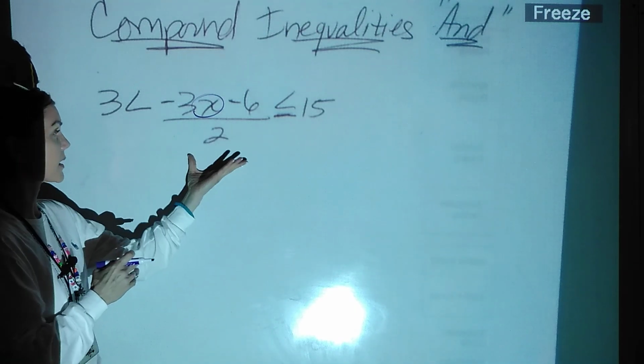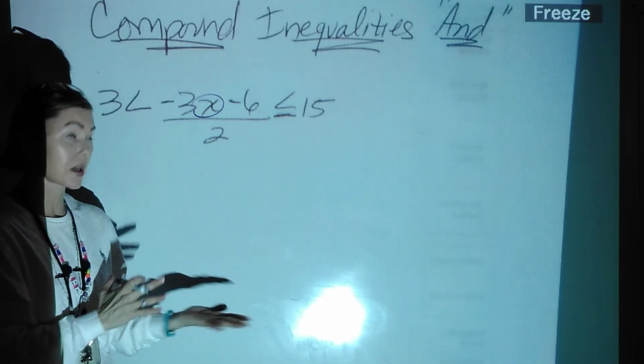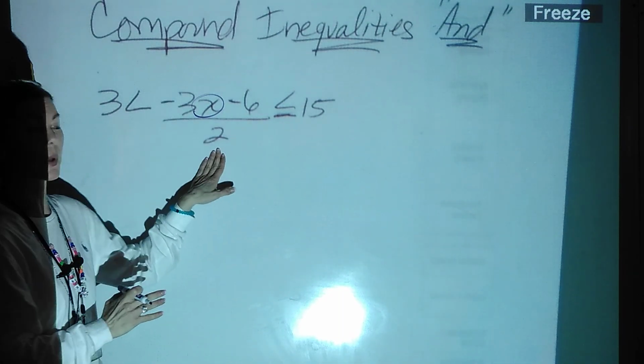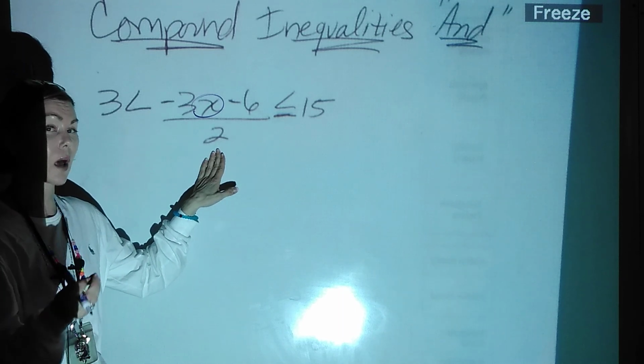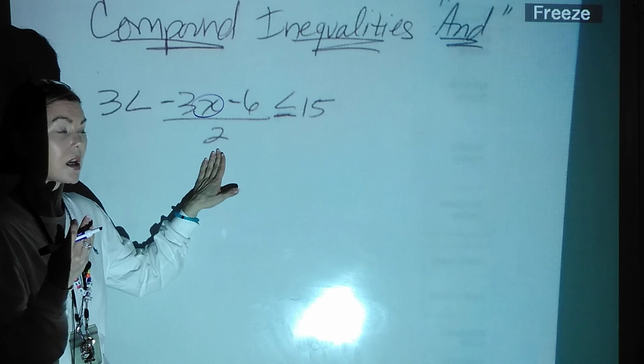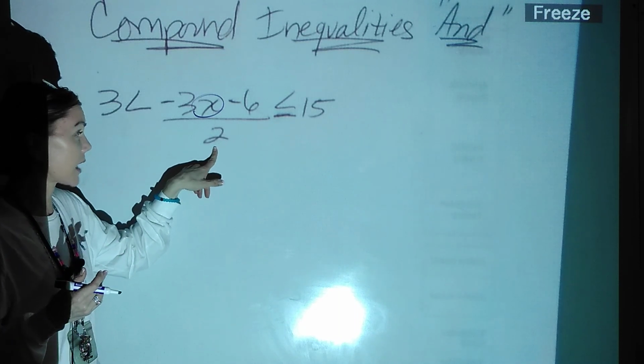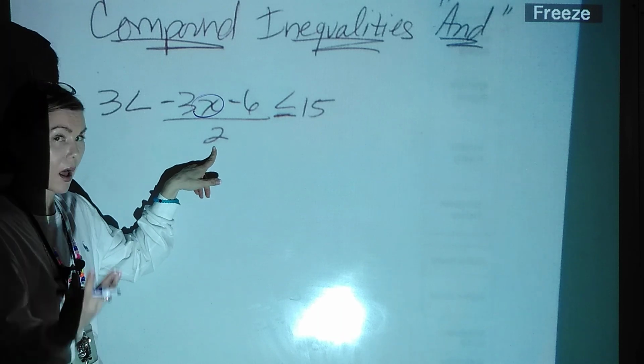Obviously we have a fraction here, so we want to get rid of the fraction first. How do we do that? By multiplying by whatever is in the denominator. But now here is the biggest difference that you're going to notice out of anything we've done this year so far. How do we get rid of that 2 in the denominator? By multiplying by 2.